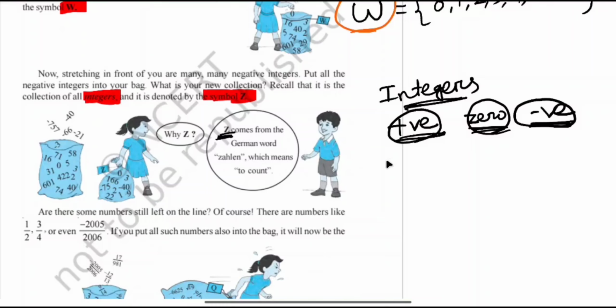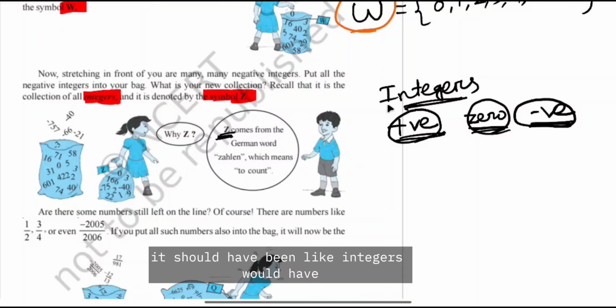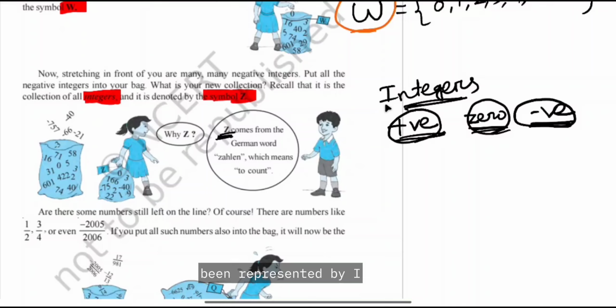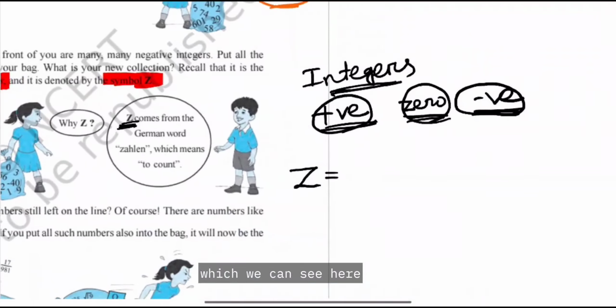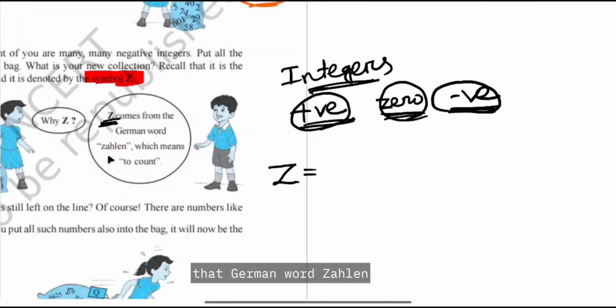Basically it should have been that integers would be represented by I, but instead it is represented by Z. Why is it represented as Z? Because Z comes from a German word, Zahlen.